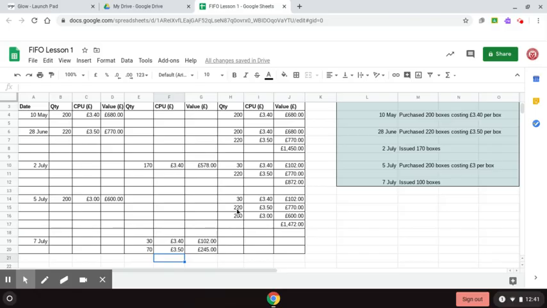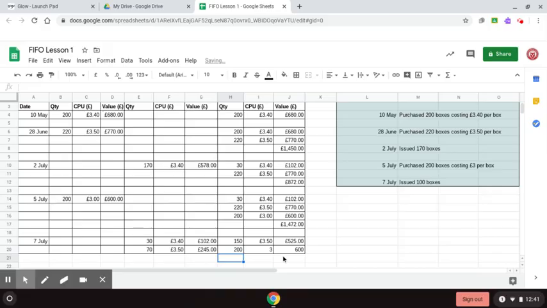I had 220 at £3.50, but I've issued 70, so 220 minus 70. So I'm going to have 150 at £3.50, and I've still got 200 at £3.